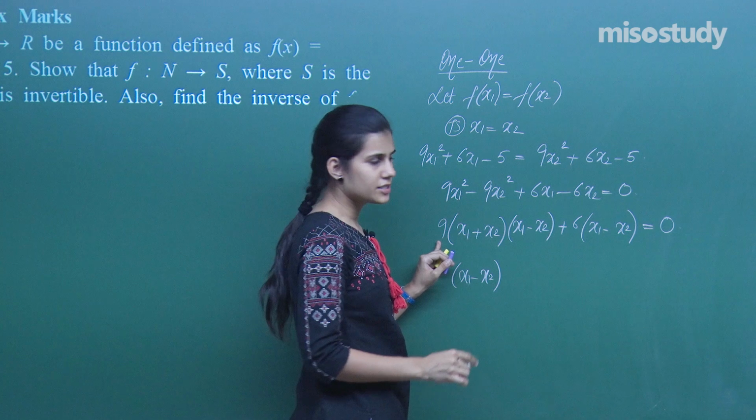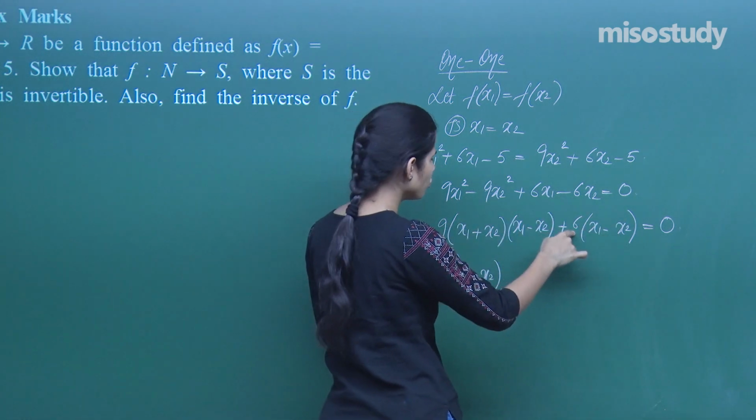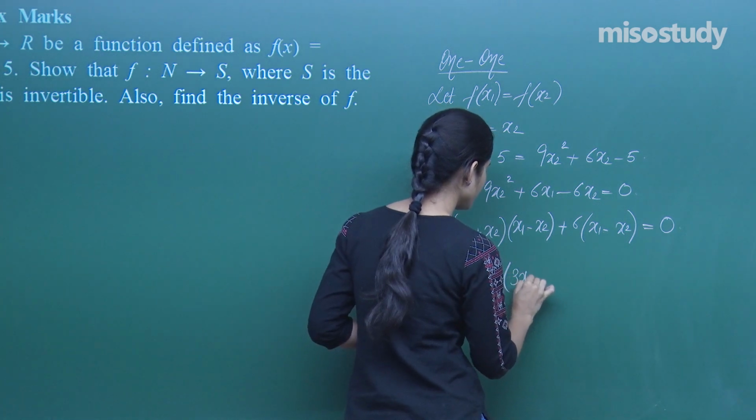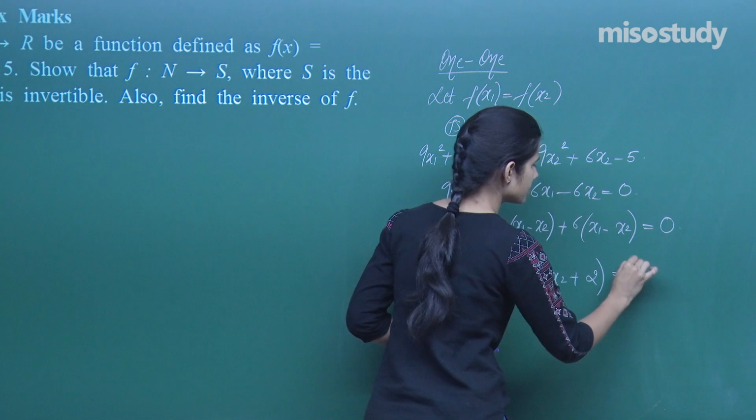You can just take out 3 common and that is going to go to 0. You're left with 3 over here and 2 over here. So you will have (3x1 plus 3x2 plus 2) equals 0.